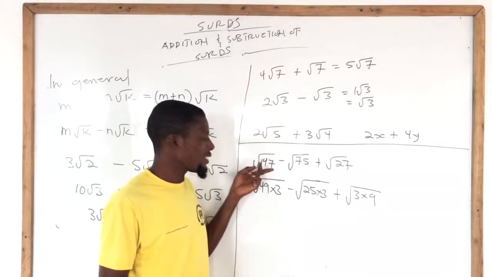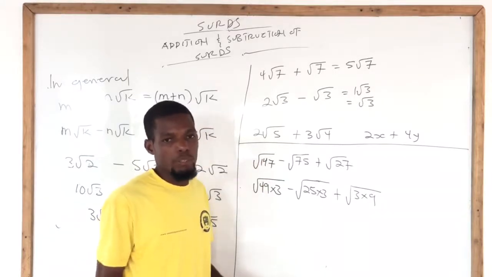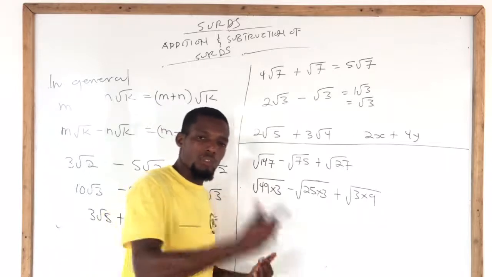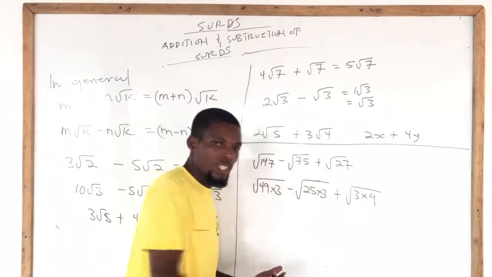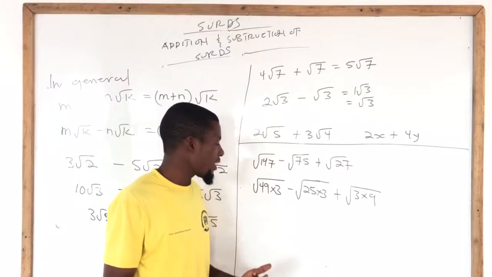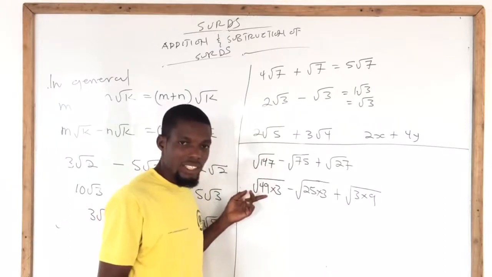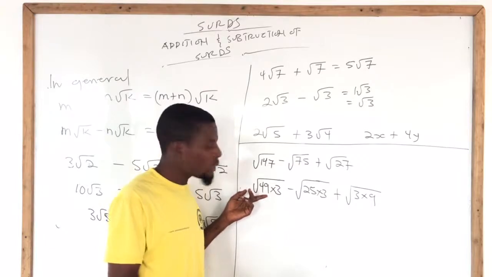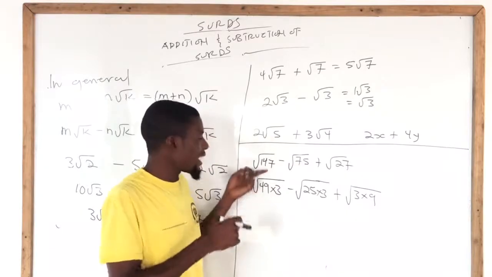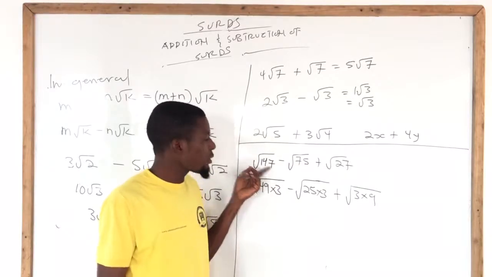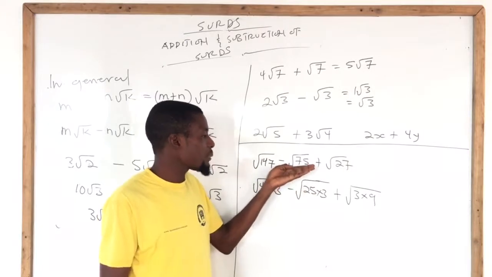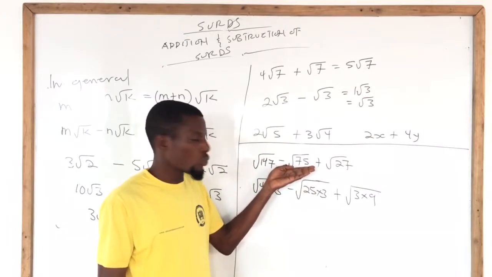If you divide 147 by 2, it's not going to give you a perfect square. Then you continue. If 2 doesn't give you, then go to the next prime number, 3. So if you divide 147 by 3, you realize you get 49. And 49 is a perfect square, which means that when you multiply 3 by 49, it's going to give you 147.